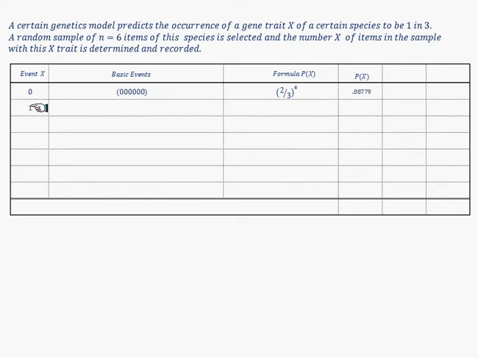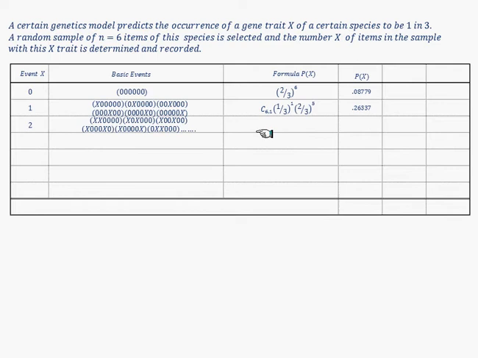To get 1 X and 5 O's, here we have the 6 ways of doing that. There are 6 choose 1 ways of getting 1 X from 6, times 1/3 to the 1 representing 1 X, and 5 failures or O's is 2/3 to the 5th. And just labeling these here, feel free to pause the video and go through these. 2 X's and 4 O's: 6 choose 2, 1/3 squared, 2/3 to the fourth.